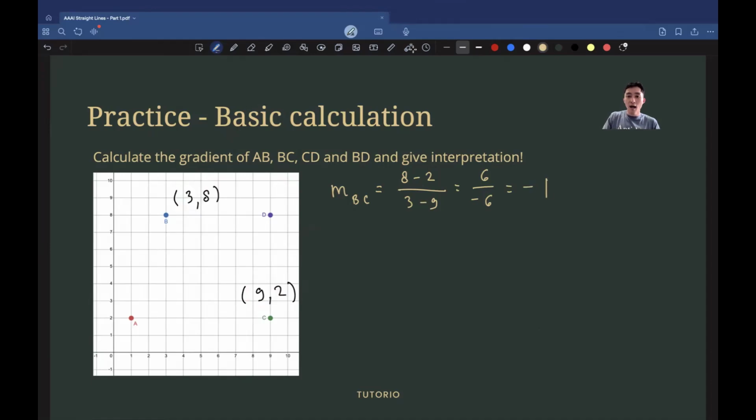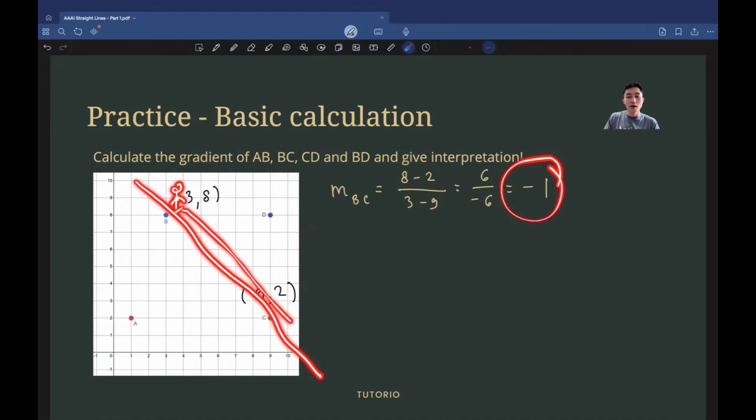All right. And you can see this is declining, right? That's why you are getting a negative gradient, which is minus 1.